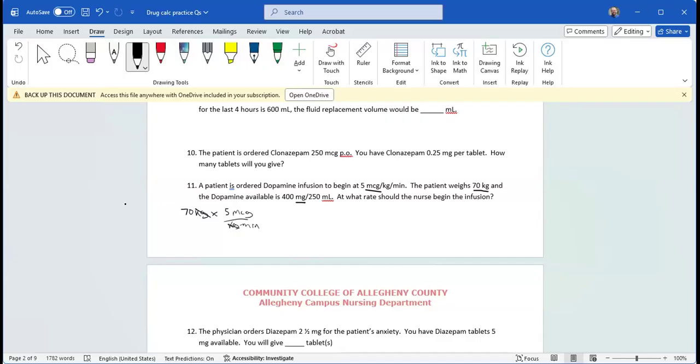If I'm setting this up using dimensional analysis, I won't set this equal to anything, I'll just keep going. But I'm going to chop it up for the time being. So I'm going to get 350 micrograms per minute. The next thing I'm going to do is convert minutes to hours, mainly because I want to get a nice big number before I convert the micrograms to milligrams.